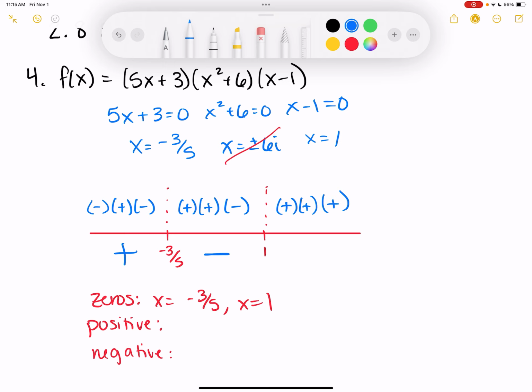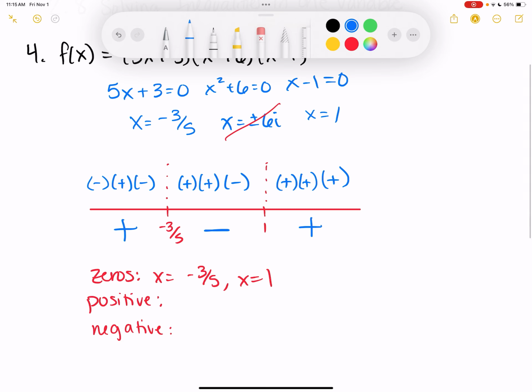So obviously that is positive. So when I write my intervals, and it will all be not including, this will be from negative infinity to negative 3/5, union 1 to infinity, and it's negative from negative 3/5 to 1.